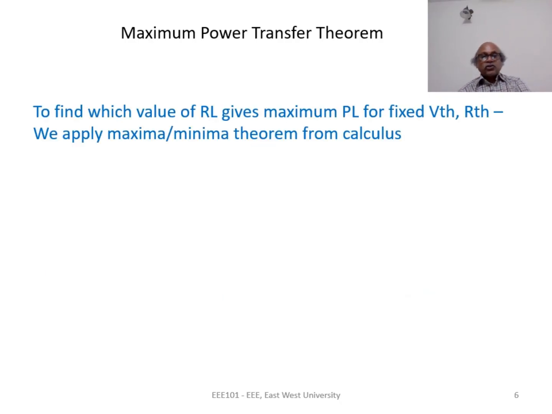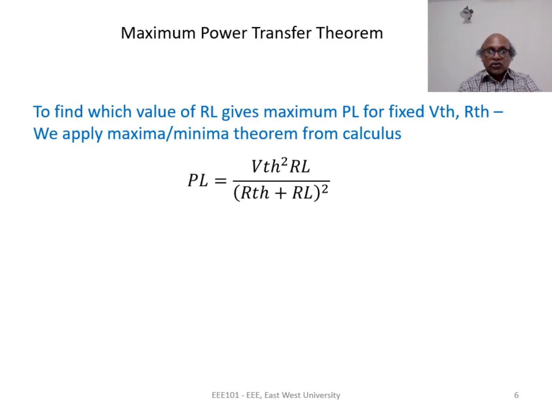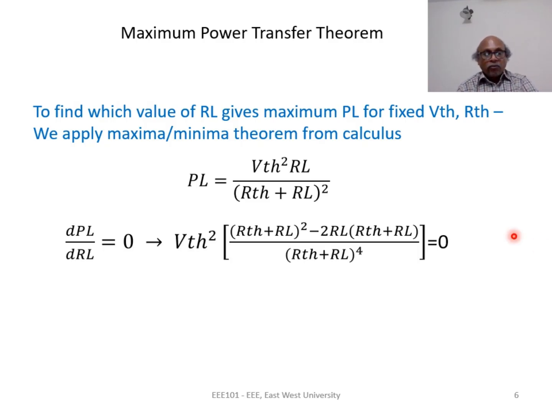To answer this question, we will apply the maxima minima theorem that you have learned in calculus. If PL is a function of RL, as shown here, PL will be either a maximum or a minimum when the first derivative of PL with respect to RL is 0.